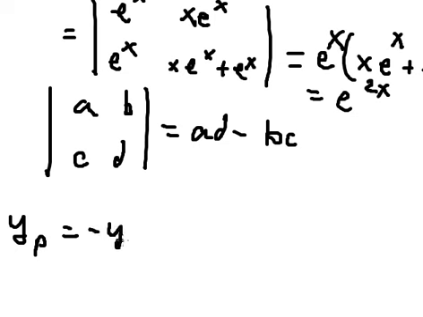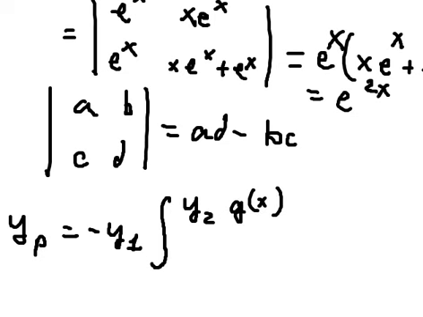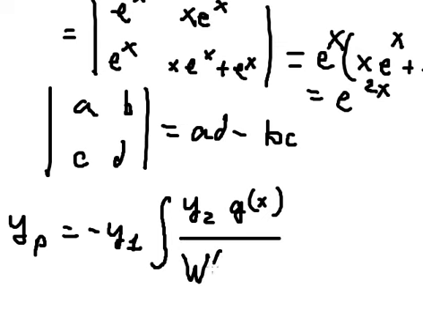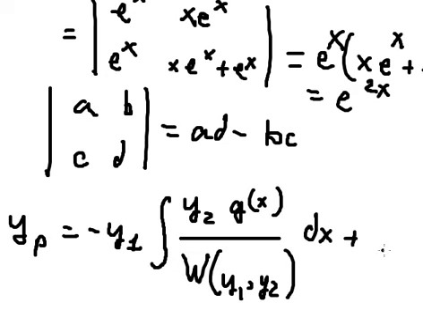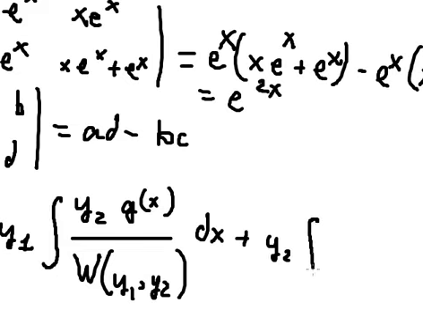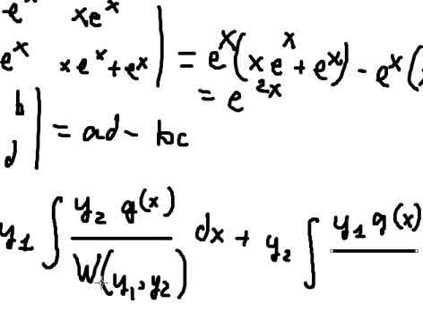We have negative y1 times the integration of y2 g of s over the Wronskian, ds, plus y2 times the integration of y1 g of s over the Wronskian between y1 and y2.